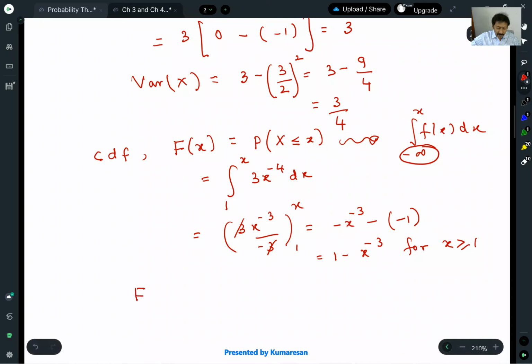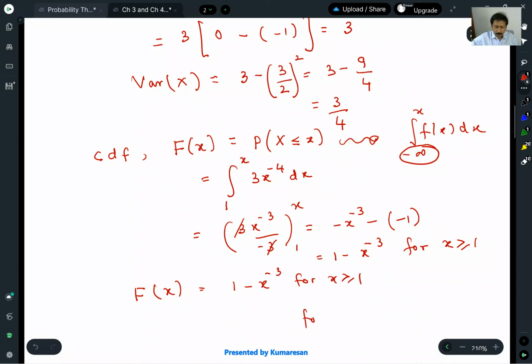Finally we write the answer. Because it is a function that we find, we have to clearly say for what range of x the function is valid. So the final answer is the distribution function uppercase F of x equals 1 minus x to the power minus 3 for x greater than or equal to 1.